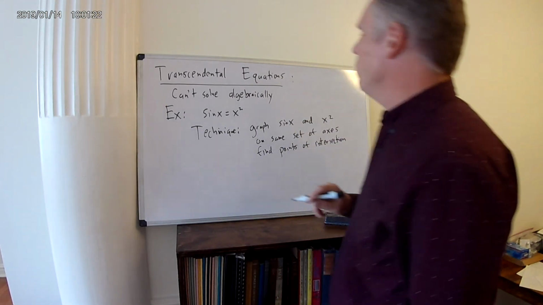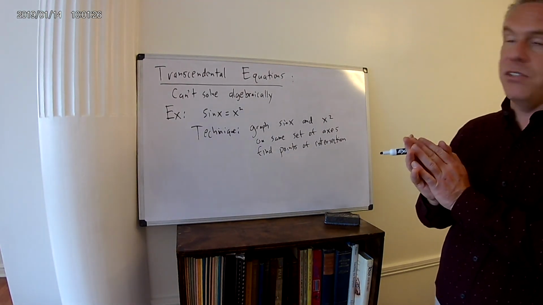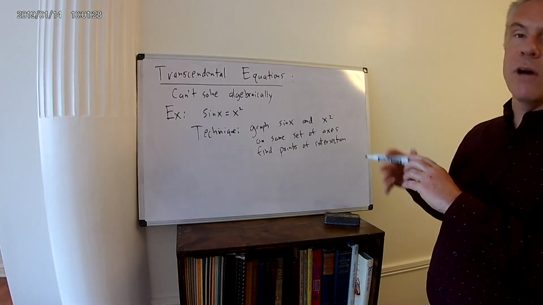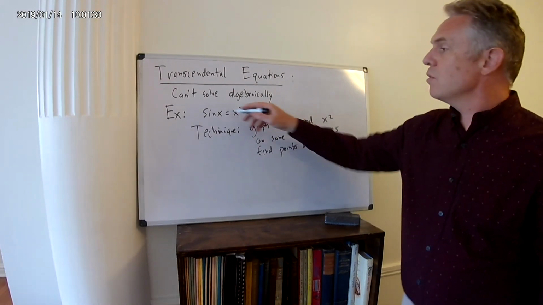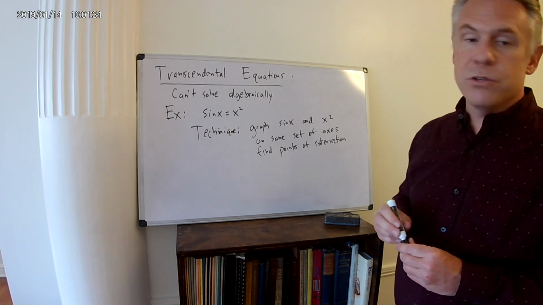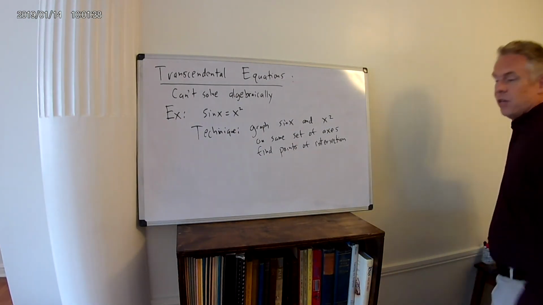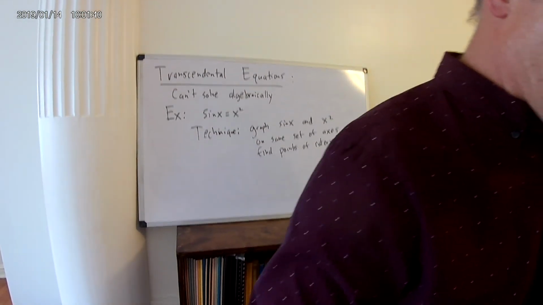So we graph sine of x and x squared separately, but on the same set of axes. We figure out where these two functions intersect, and the values of x for which they intersect are our solutions. The last thing I'm going to do is take you onto Desmos.